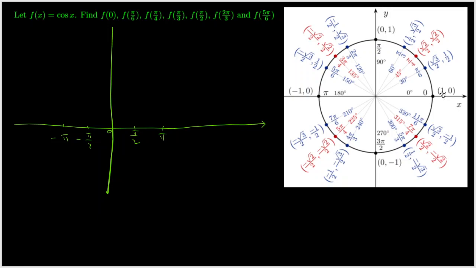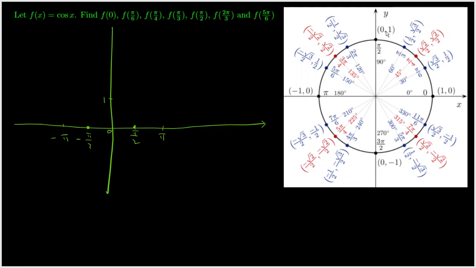So you have a point. Now let's say 1 is here. That is a point on the graph. If you look at the unit circle, cos of half pi is equal to 0. So this point is on the graph. Likewise, this point is on the graph.